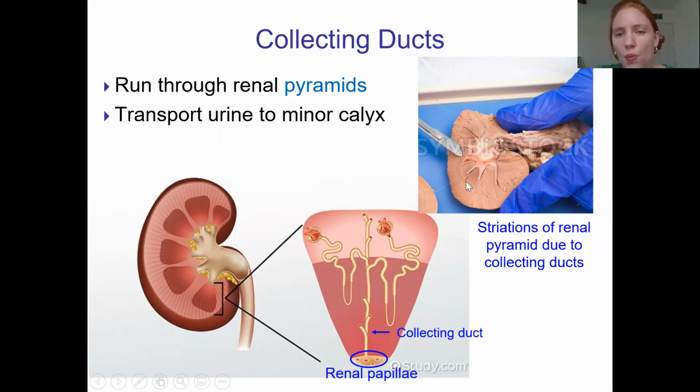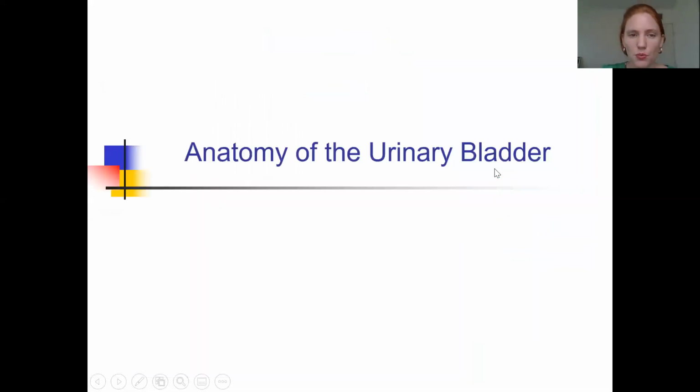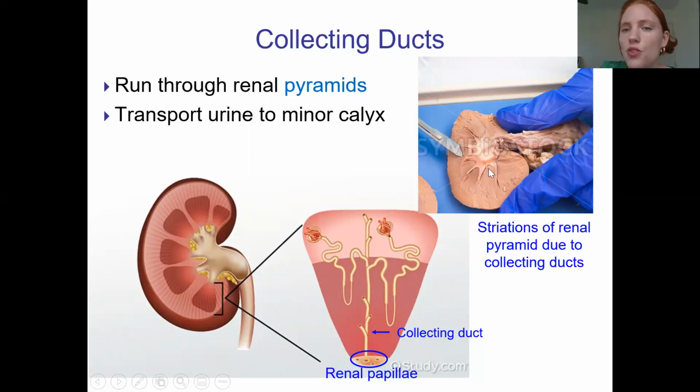You got a whole bunch of collecting ducts running through the pyramids, and those collecting ducts make that stripe appearance of the renal pyramids. And then at the very tip of the renal pyramids, that's called the papilla of the pyramid. You'll need that for lab. Here it is, the papilla of the pyramid, or the renal papillae right there.